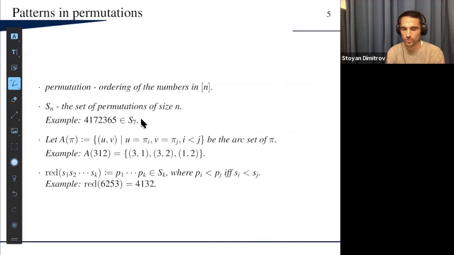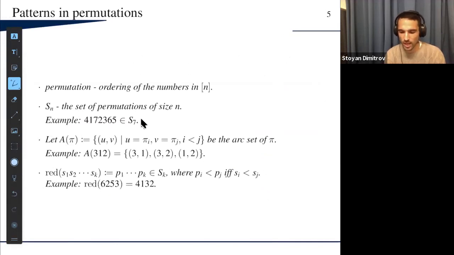Okay, so to do that, we need to define patterns in permutations first. When we say a permutation, we just mean an ordering of the numbers 1 to n, and by S_n I will denote the set of permutations of size n. Typically, the one-line notation will be used.